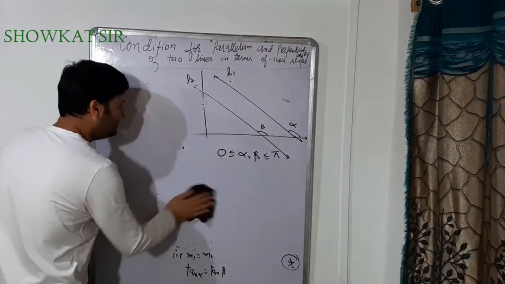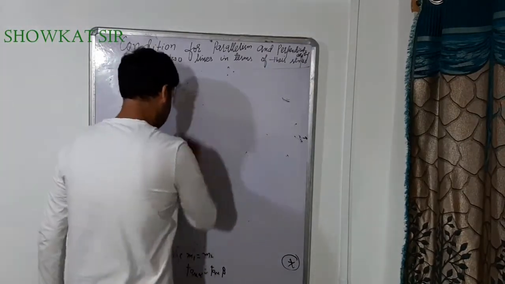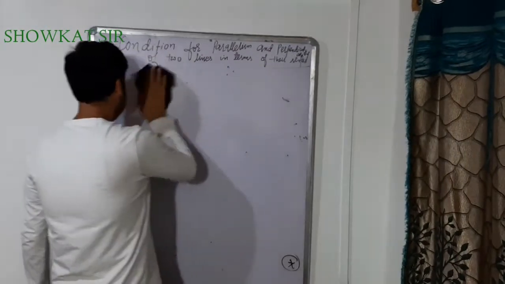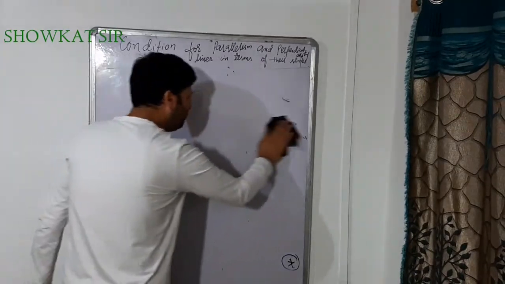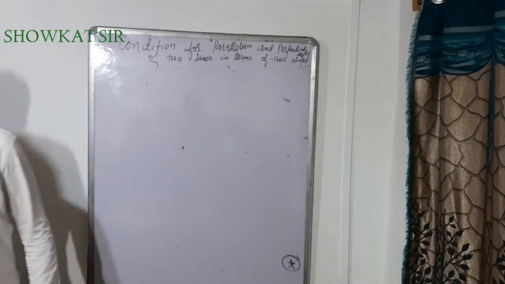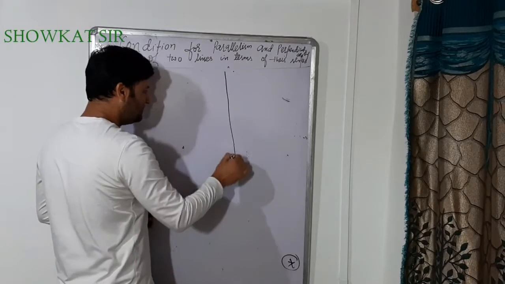Now we will see the condition for perpendicularity of two lines in terms of their slopes. अब हम देखेंगे कि जब दो लाइनें परपेंडिकुलर होंगी, what will be the condition? Okay dear. Again, let's consider this is the coordinate plane.